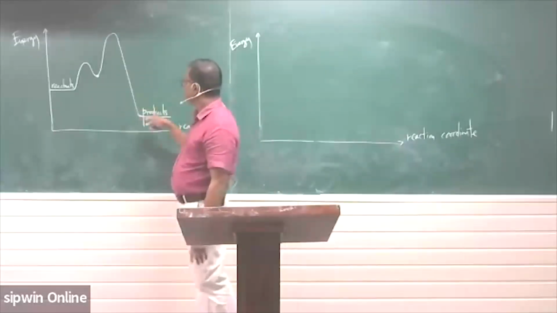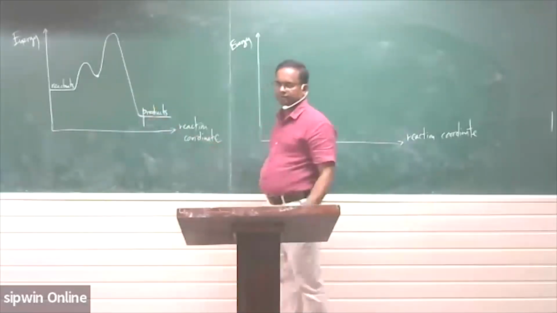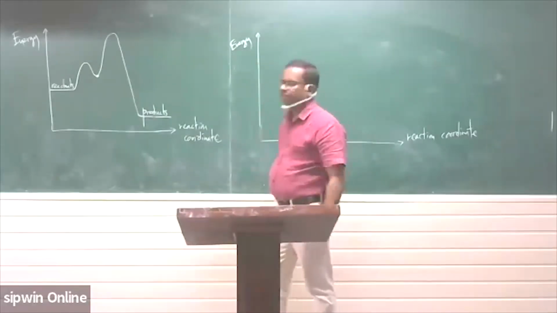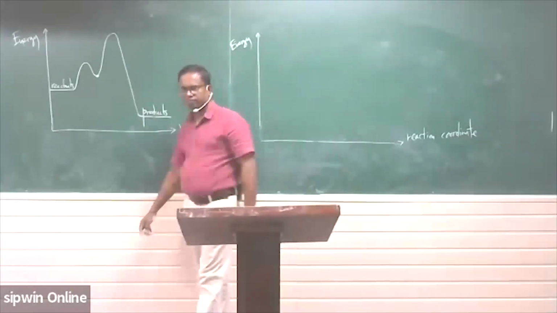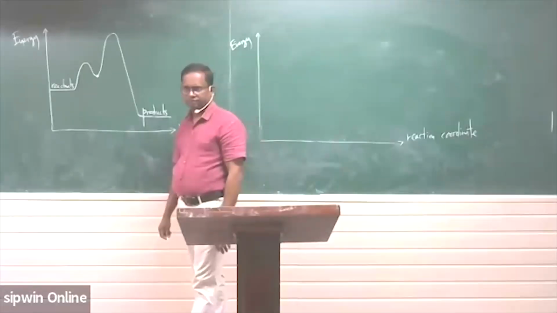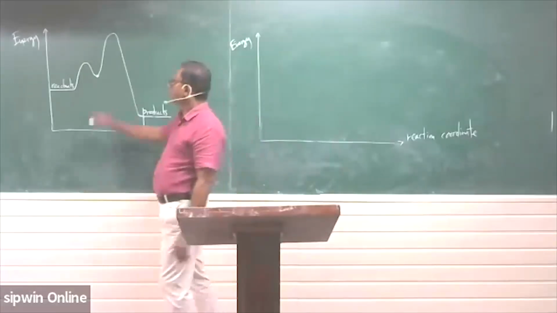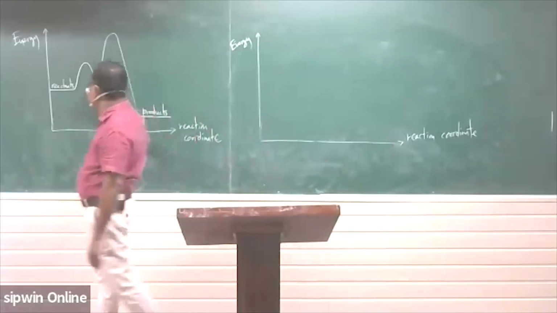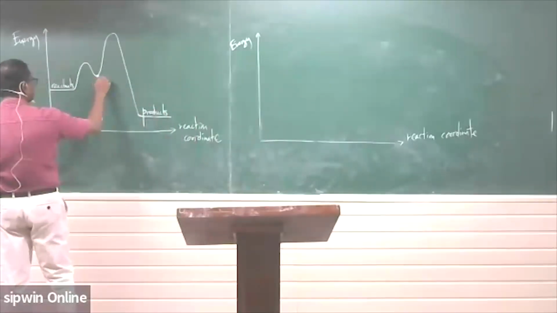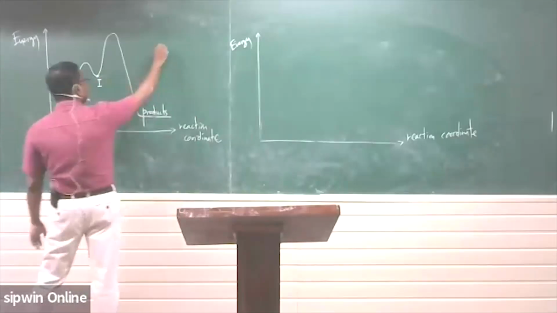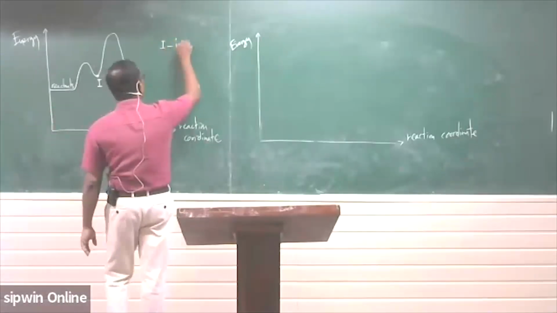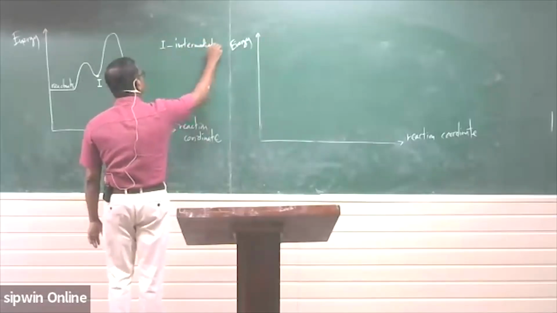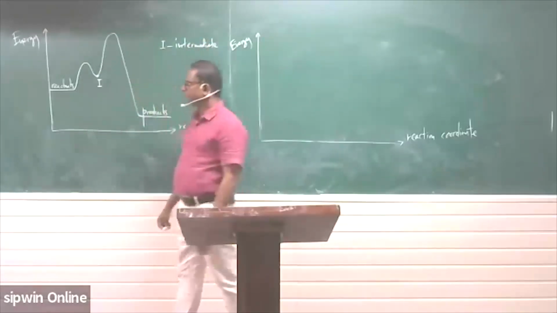And now come this barrier and come to the products. හරිද. In that one, this is the intermediate. Mark intermediate. I කියලා ලකුණු කරමු අපි. Separately mark that one as intermediate.